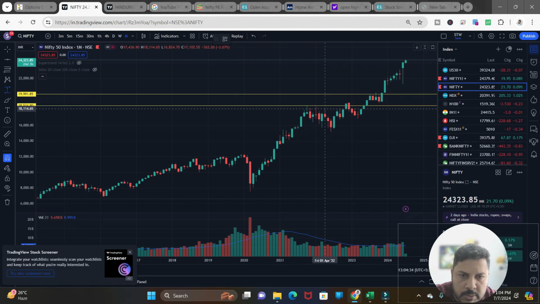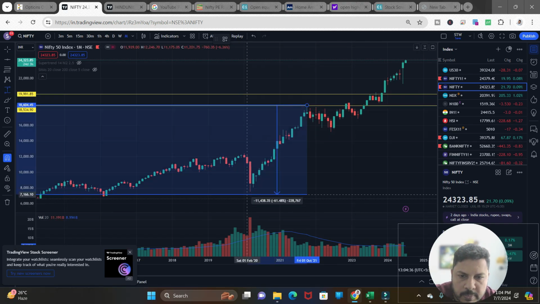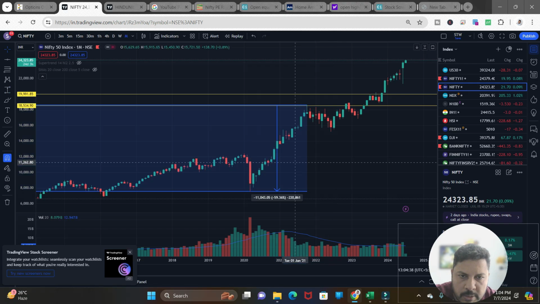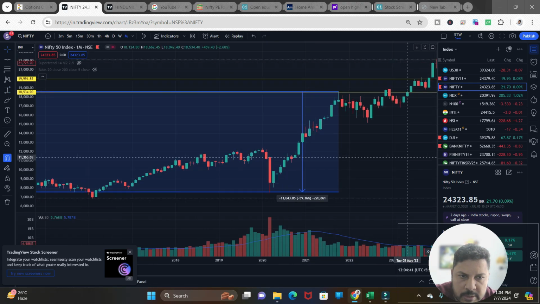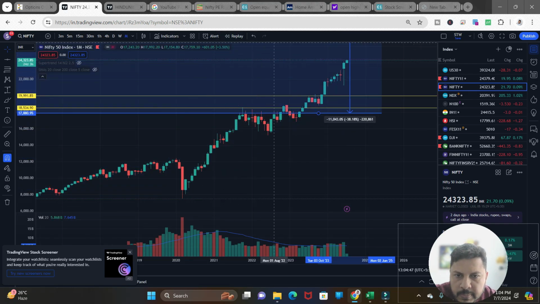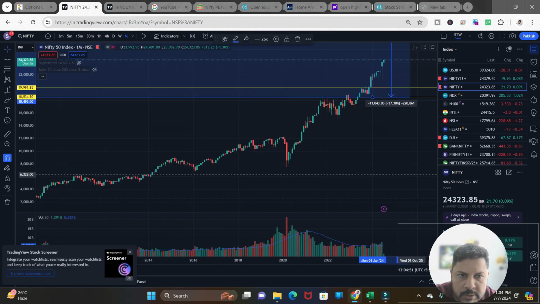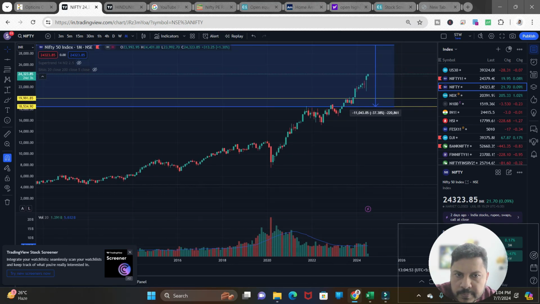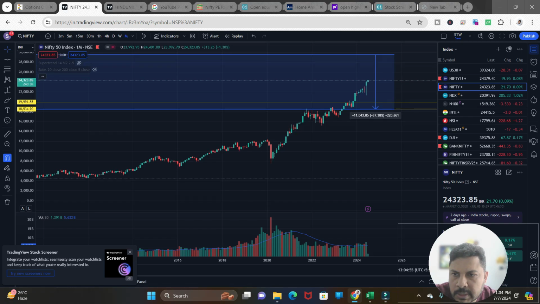Yes, price range. So from here till here, this is the price range which we have got. Now what we'll do is we'll simply pick this up and put it here. So this will be your target for Nifty, which is around the 30,000 mark.